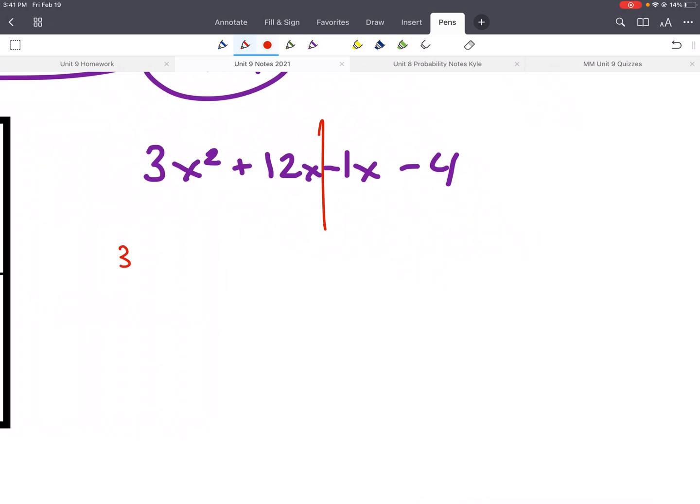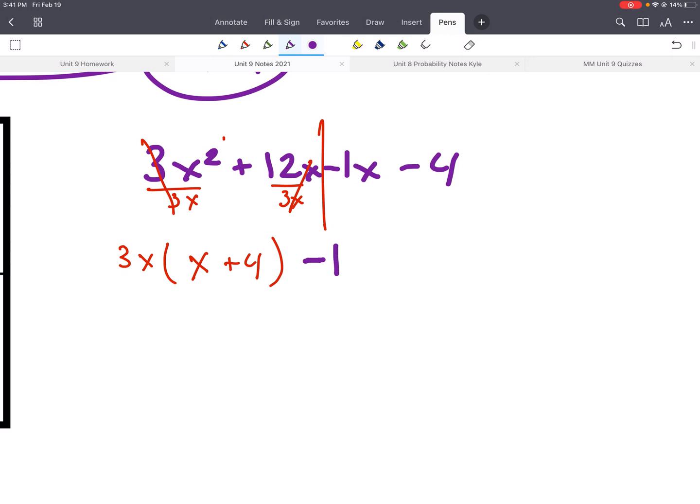Looks like we could take out a 3x. The 3's would cancel. We have 2 x's, take away 1, that leaves us with 1x. Yeah, 12 divided by 3 is a +4, and those x's would cancel. And for the right side, we have a leading negative. So again, you always have to take something out.